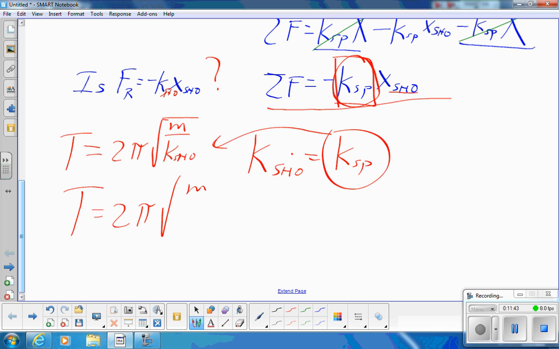We can't just look at a vertical spring and say, oh, it's a simple harmonic oscillator because it's got a mass on a spring, because in fact there are two forces. But as it turns out, through analysis of this derivation that we just went through, it works out beautifully that the constant of proportionality is the spring constant, and you end up with the period equal to 2 pi root m over k_sp, and that is that.